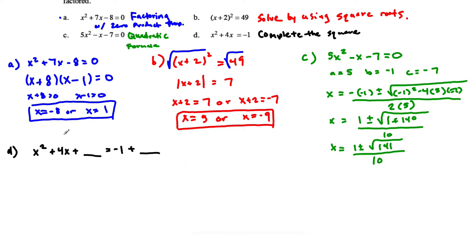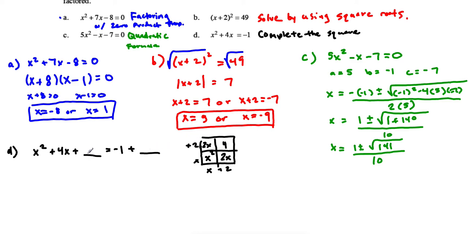If I was trying to make a perfect square trinomial here, I need a perfect square over here. So I'd have an x squared. If I have 4 x's, that means I'd have to split them evenly to make this a perfect square. So these have to be 2x, and those have to be 2x, which is going to leave me with x plus 2 and x plus 2 on the outside. 2 times 2 is 4.